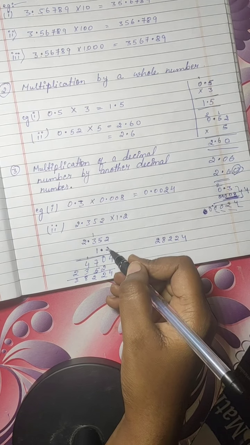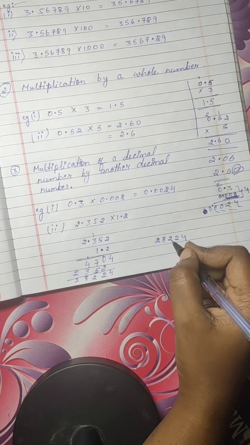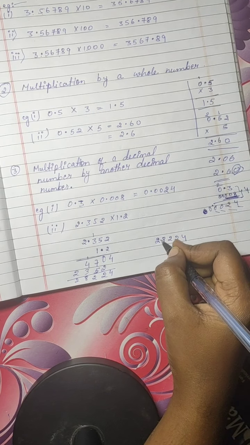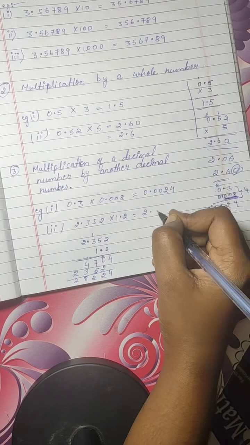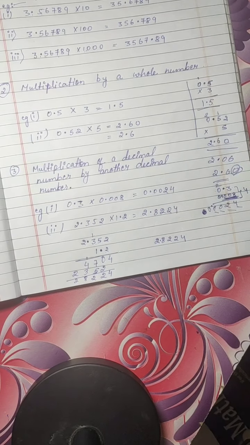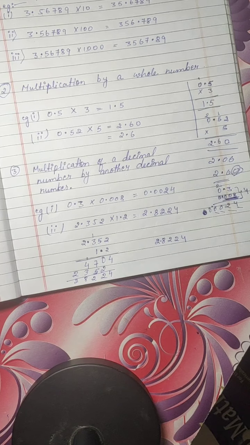So it becomes 4. Okay. So we will see from this side 1, 2, 3, 4. We will take 4 digits and we will put the point here. So the answer is 2.8224. I hope you have understood multiplication of decimal numbers.